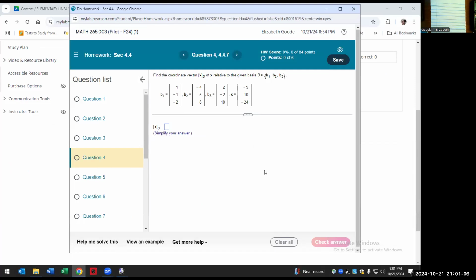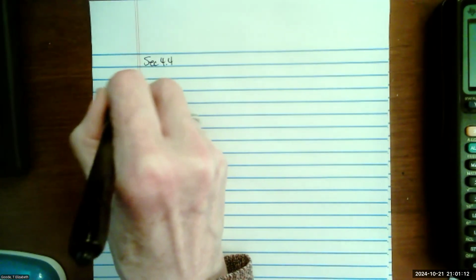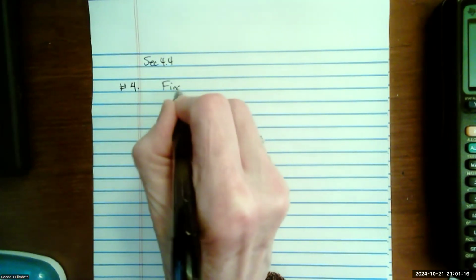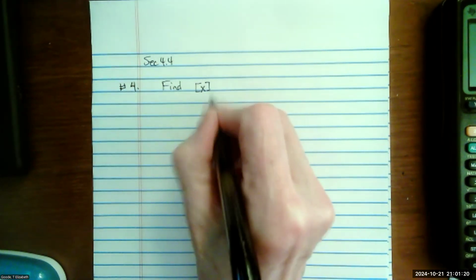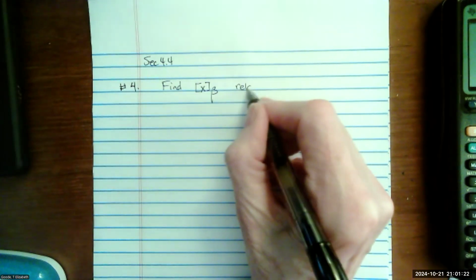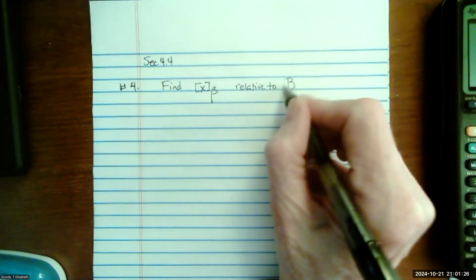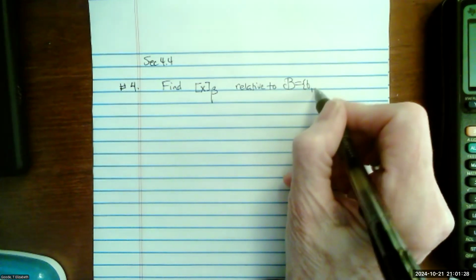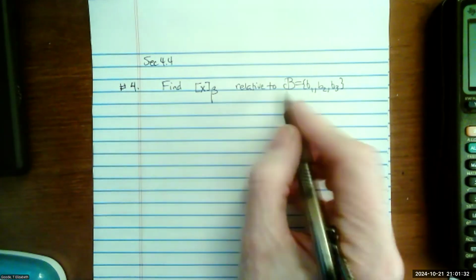So section 4.4, number 4, find x beta relative to the basis B1, B2, B3 for the given x.